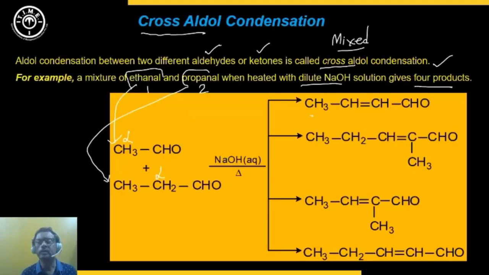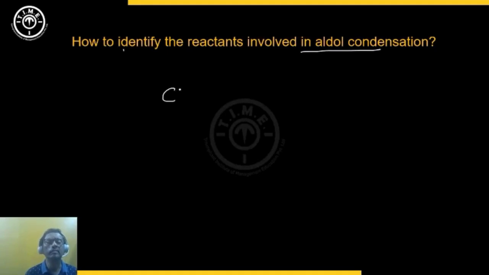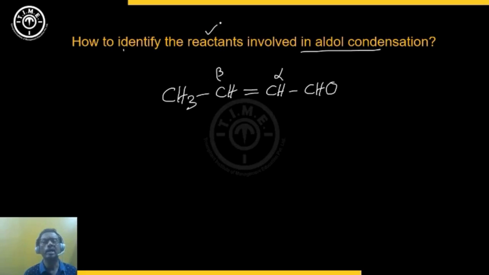Let us take this one: CH3, CH double bond, CH, CHO. This is the alpha carbon, this is the beta carbon. So you're going to get the reactants that form this. All that we need to do is break the alpha beta bond completely. No bond between alpha and beta.